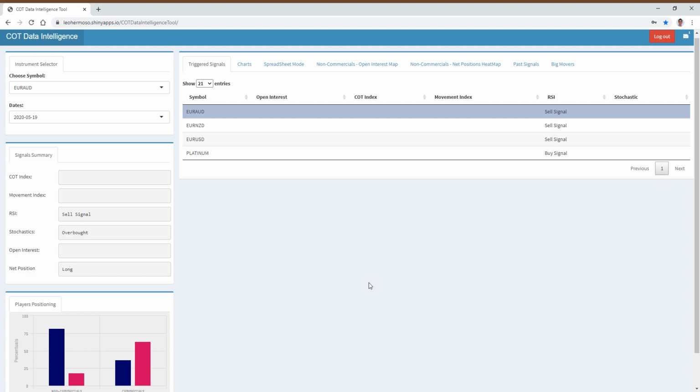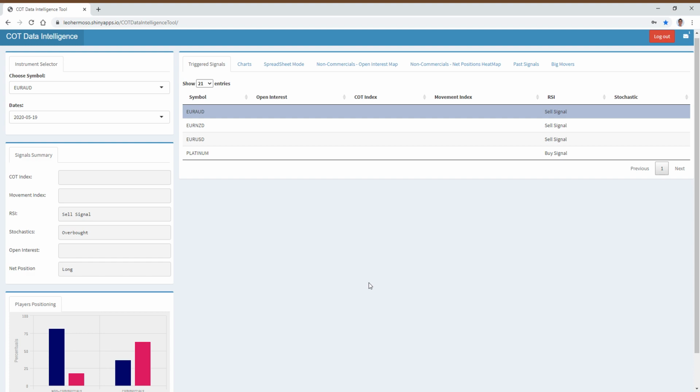Okay, so first thing, on this tab, triggered signals, we can see what the system is giving us this week. Right now we have four signals. All these RSI and stochastic signals, I consider to be weak signals, not strong ones. But most of the time it provides us some short-term trades, and sometimes good ones.